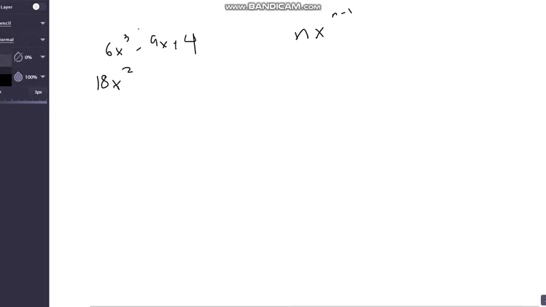And then we can do the same things for the others. So this would disappear, and it will be minus 9, because this is x to the power of 1. And because we have x to the power of 0 over here, nothing comes out of this part of the equation. So we get 18x squared minus 9. So that's the power rule.